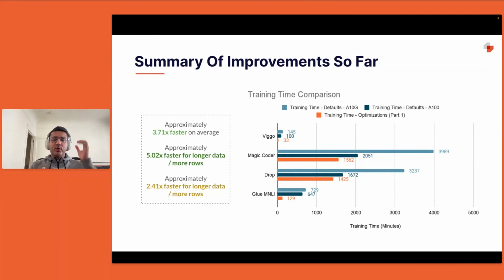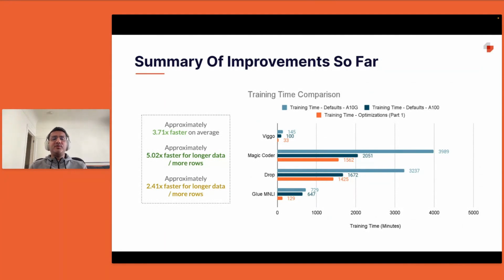But with all of those, and also using A100s, we're able to improve training time from our beginning by about 3.7 times faster. And that's definitely a lot faster than just using A100s by themselves.